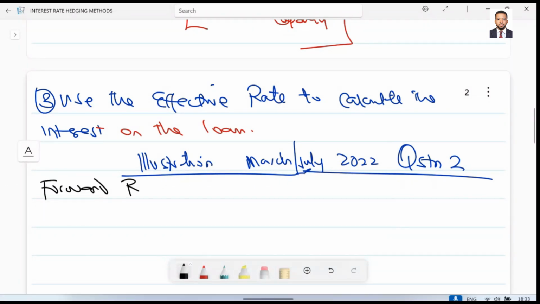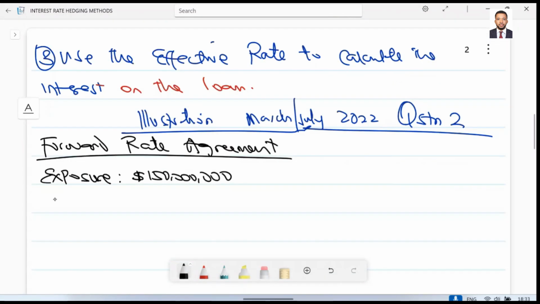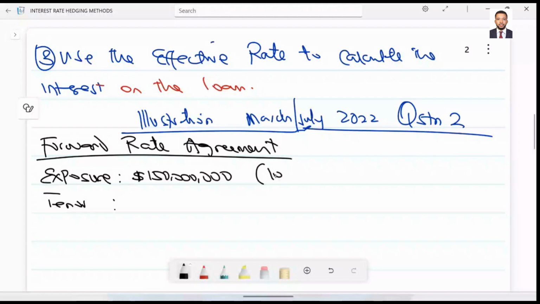Forward rate agreement. What is our exposure? $150 million. Right? We have tenor. What's the tenor of the loan? Don't forget, this is a loan. Let me write it.